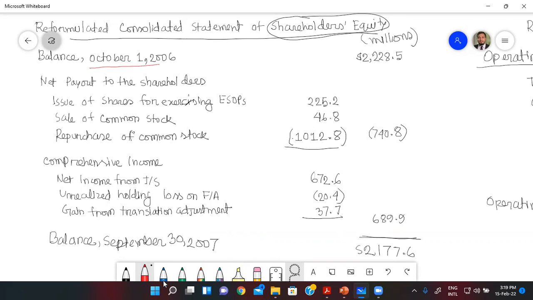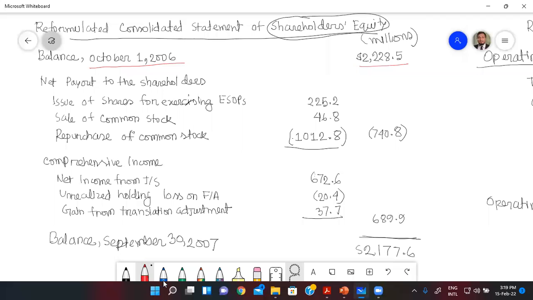This beginning balance is given here. You see, I have written the numbers in millions. So it is 2,228 million, 28.5 million. It is as it is. There is no problem. Follow the total column.